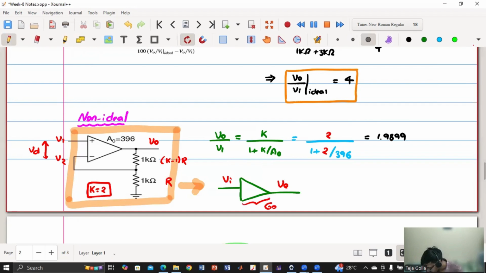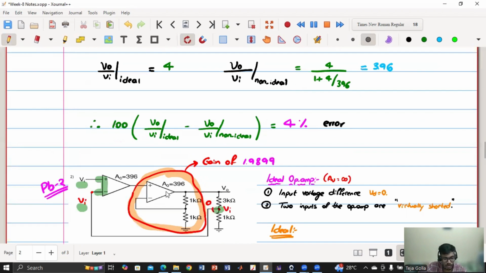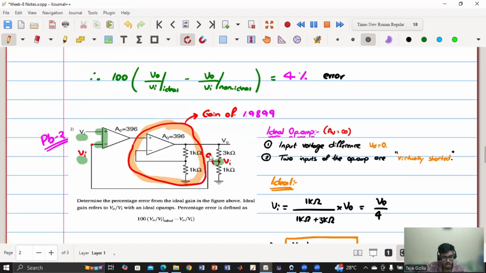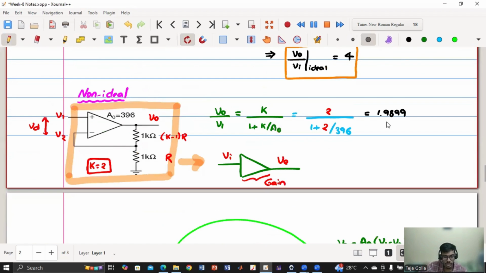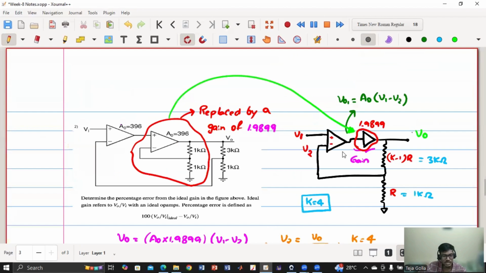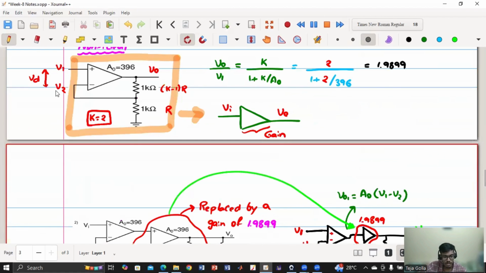So I would like to simplify the circuit and consider it as a gain because it is basically amplifying, right? So I calculated that gain and I'm getting it as 1.9899. Once I get this gain, I have replaced this by a gain of 1.9899 because this can be replaced as a gain, right? That's what I got from this initial calculation.